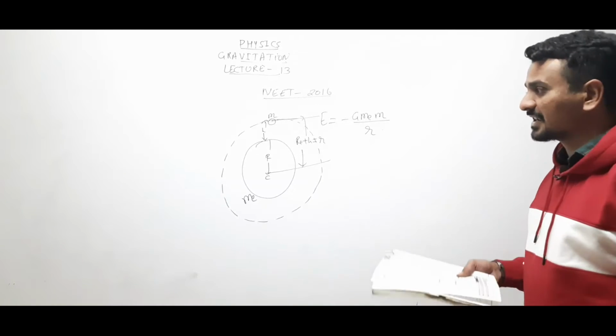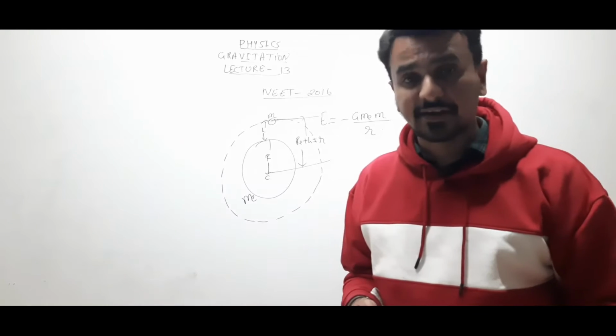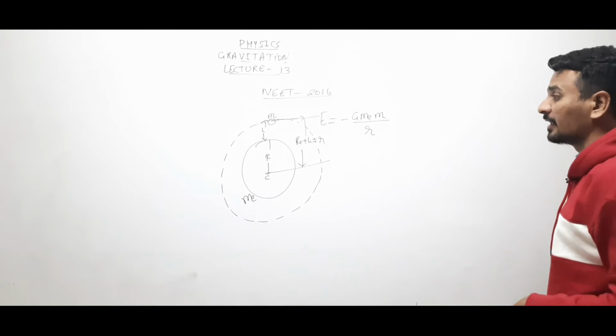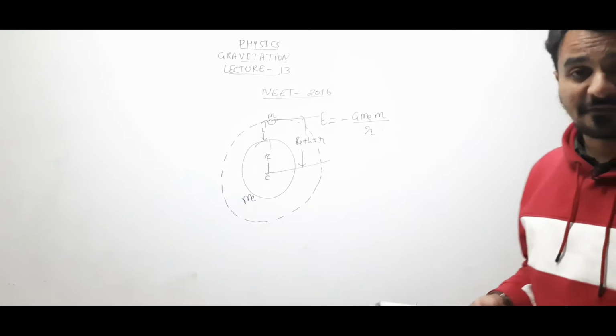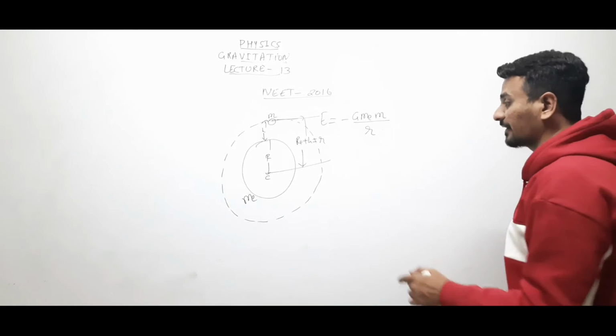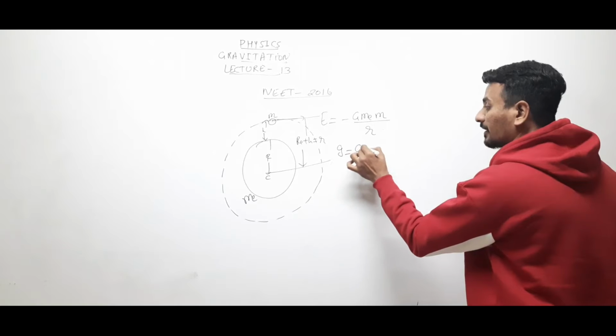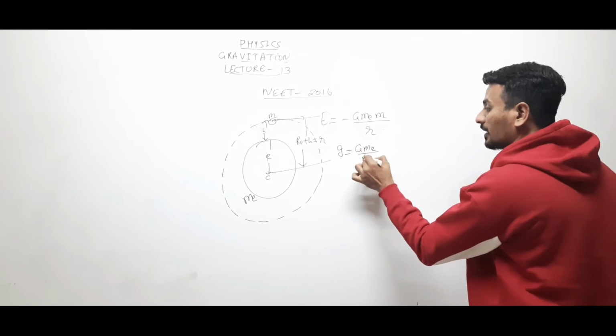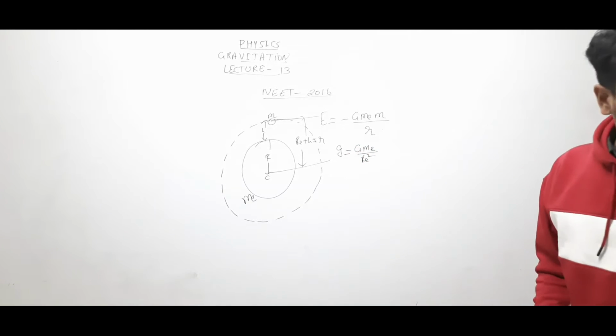Now the question says that you have to give the answer in terms of acceleration due to gravity at the surface of the earth. So what is acceleration due to gravity on the surface of the earth? G M_E upon R square.